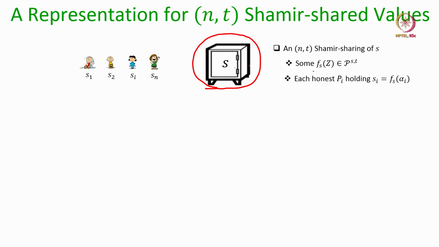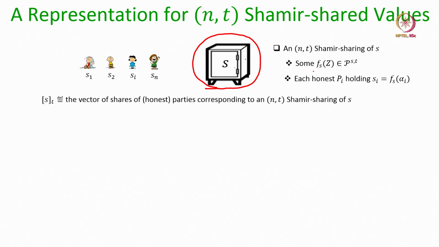Adversary has only T shares for the value which is kept inside the box. And we will also use this notation, this square bracket S with subscript T to denote the vector of shares corresponding to a secret sharing of S.